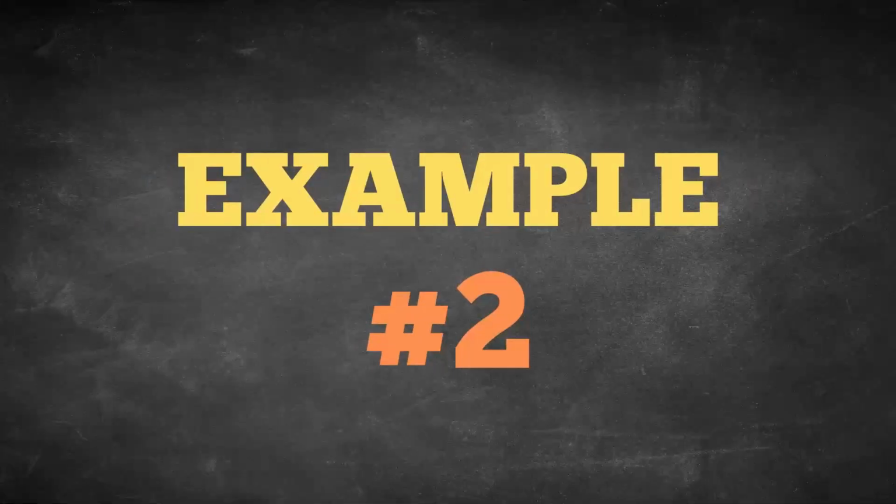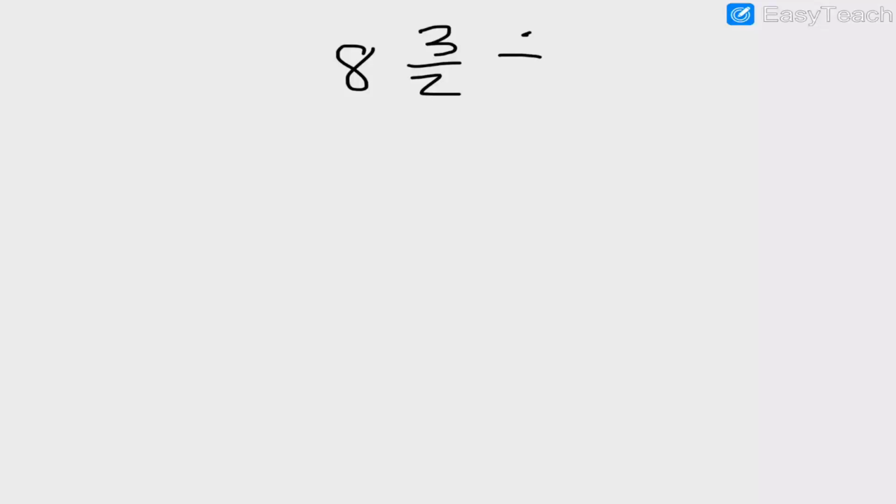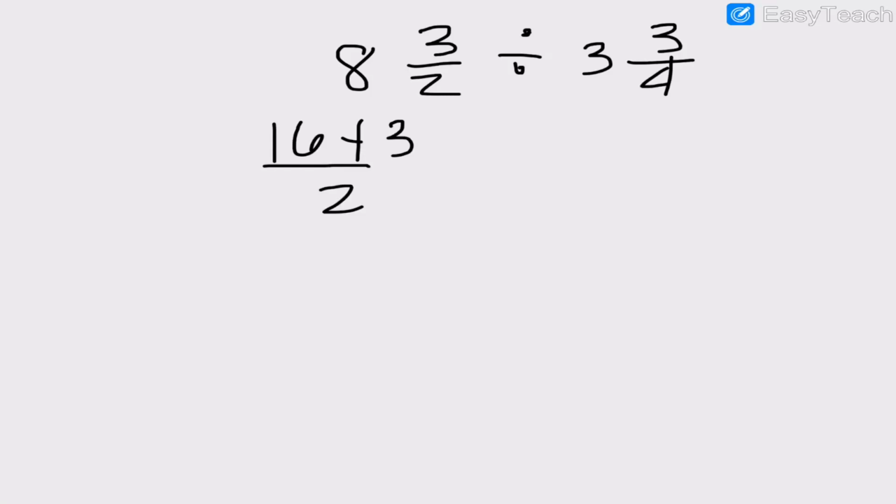And last but not least, this is 8 and 3/2 divided by 3 and 3/4. So what we must do first is to convert these to improper fractions. Therefore, 8 times 2 is 16 plus 3 over 2, divided by 4 times 3, that would be 12 plus 3 over 4.